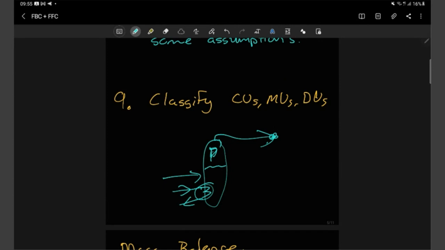If a downstream process opens a valve or uses more of that substance, whatever it is, then that pressure is disturbed from a downstream process and not only an upstream process.